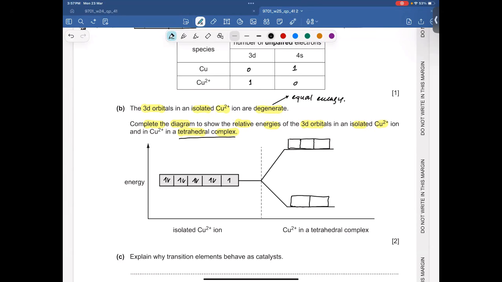So this is basically T2g and this is basically Eg. All right. I hope it makes sense to you.